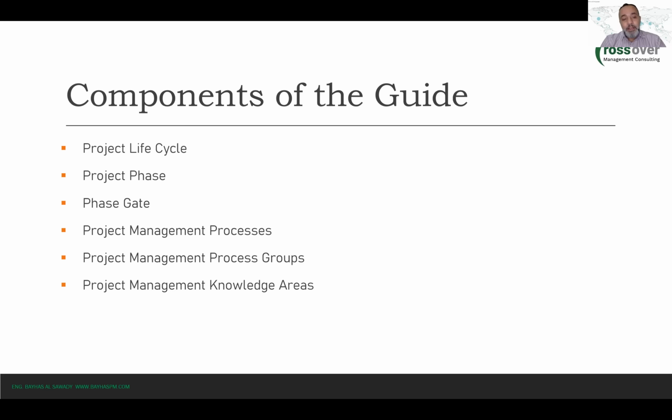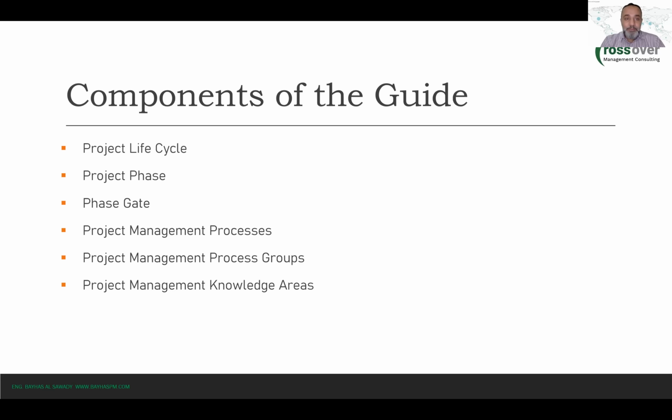And we wanted to start and get a little bit deeper into the components of the guide, what the PMBOK Guide is explaining or introducing. These are basic things that every project manager should know about.